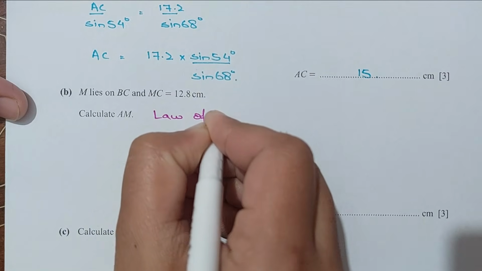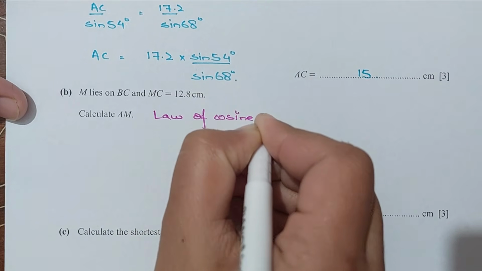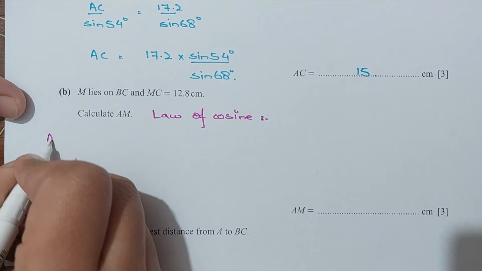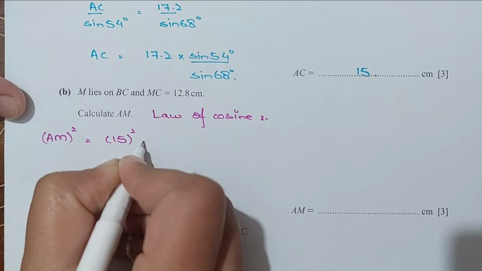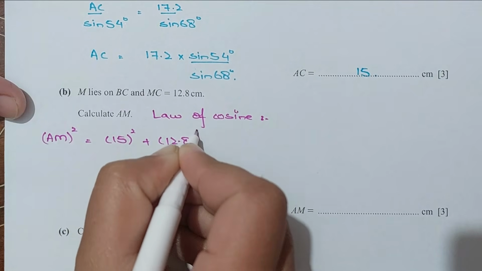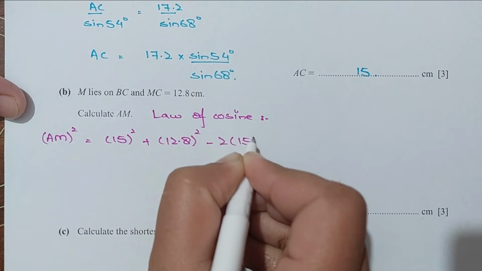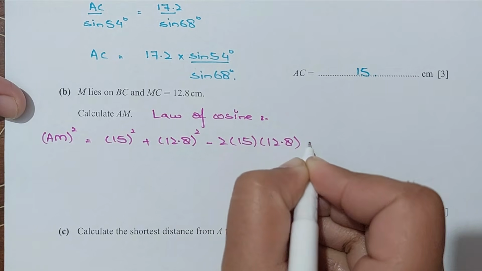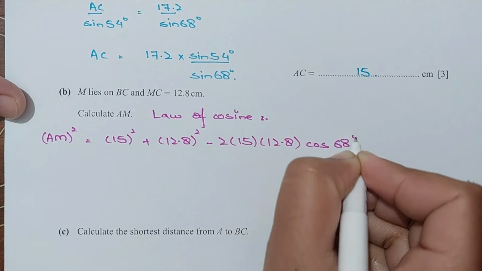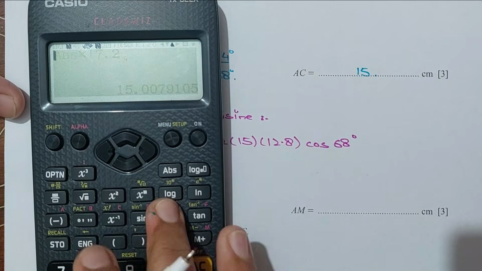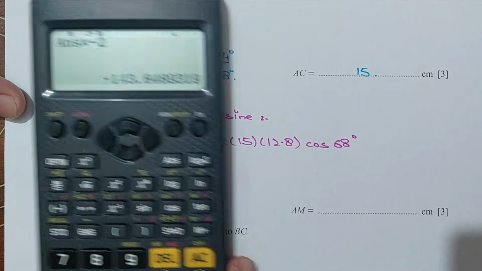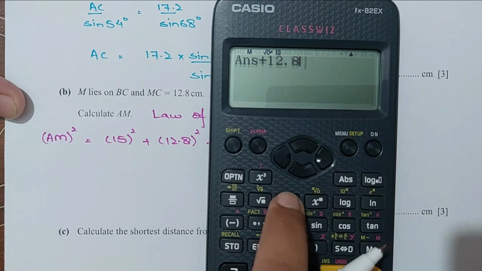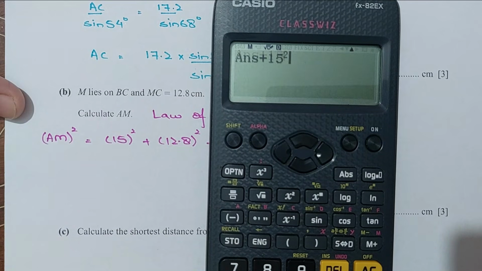Law of cosine. So the front side is AM, its whole square, equals to the two sides are 15 square and 12.8 square, minus 2 into 15 into 12.8, and cos of the angle between the two sides, which is 68 degree. Cos 68 multiply 12.8 multiply 15 multiply minus 2 add 12.8 square add 15 square.